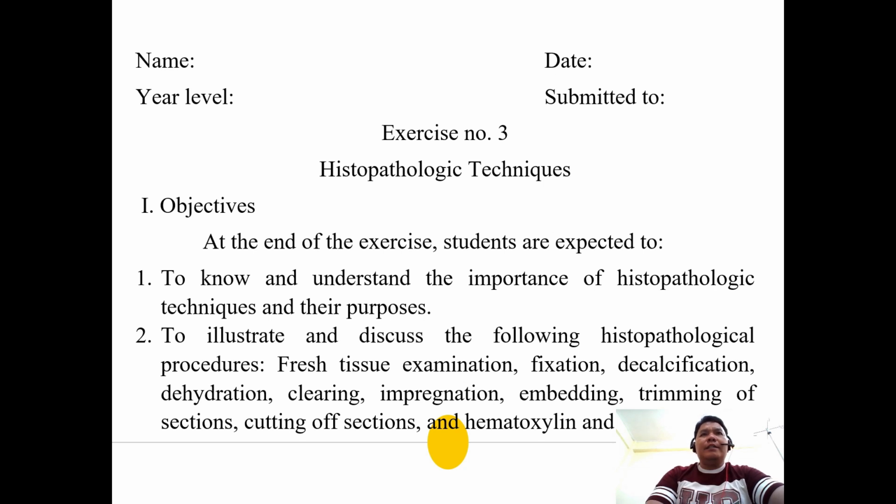Second is to illustrate and discuss the following histopathological procedures, such as, which I mentioned earlier, fresh tissue examination, fixation, decalcification, dehydration, clearing, impregnation, trimming of sections, cutting of sections, and then staining with a specific stain, which is hematoxylin and eosin stain.